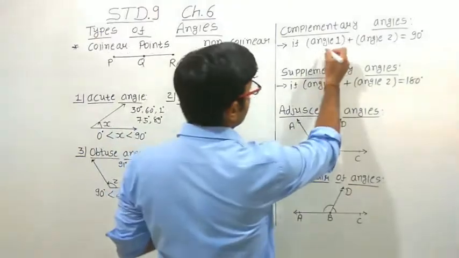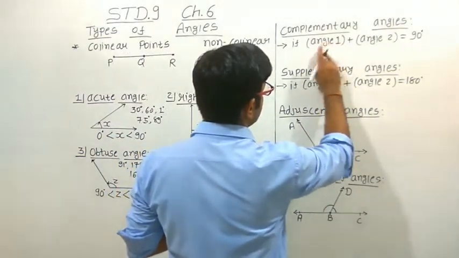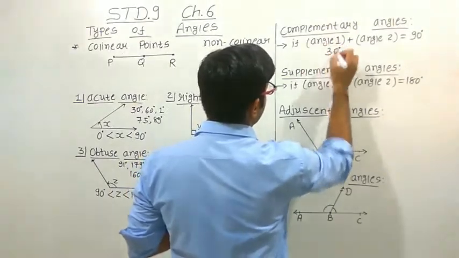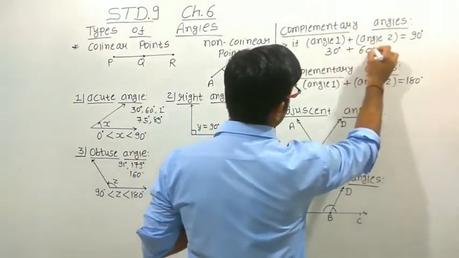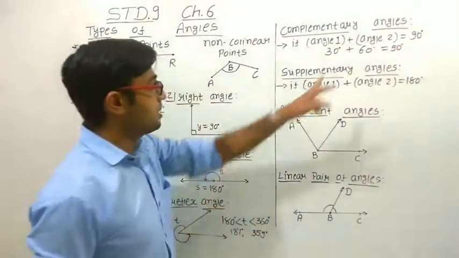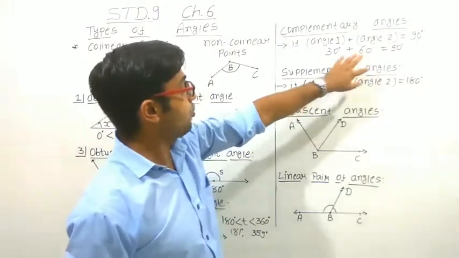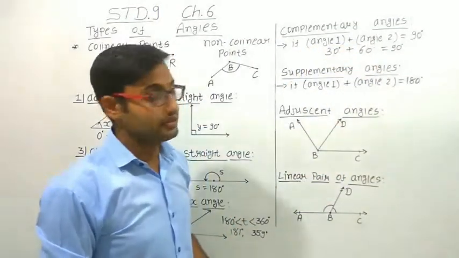Like, let's suppose one of the angles is 30 degrees, and the second one must be 60 degrees, so that the total will be 90 degrees. So this 30 degree angle and 60 degree angle are making a pair of complementary angles.